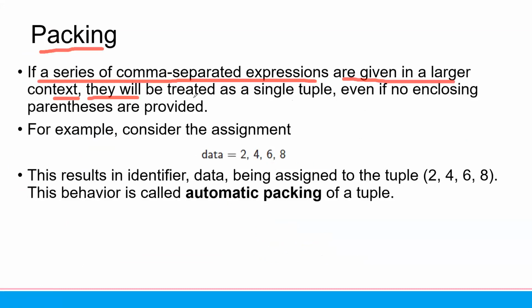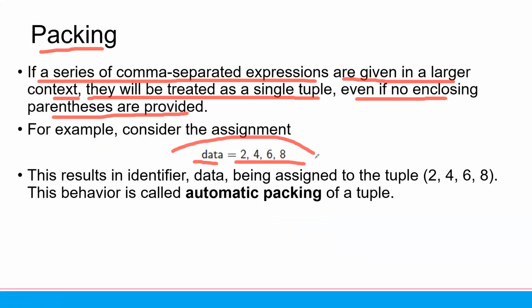So it will be treated as a single tuple even if no enclosing parentheses are provided. So for example, I have data and then I put all the numbers. And with this kind of information, Python will automatically generate a tuple.